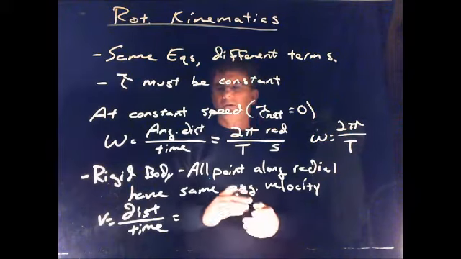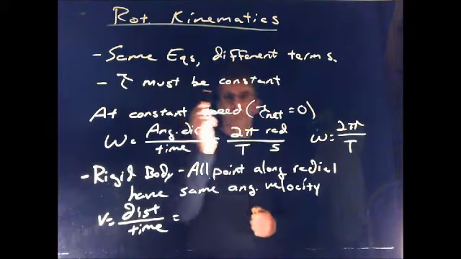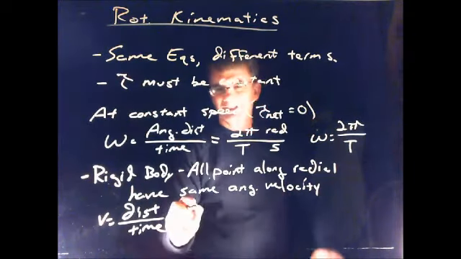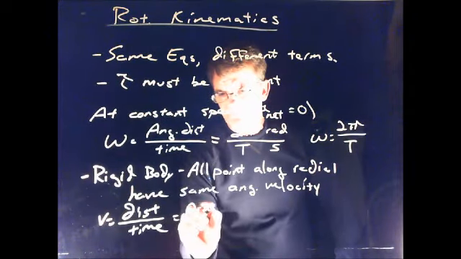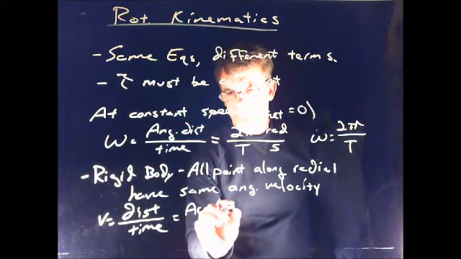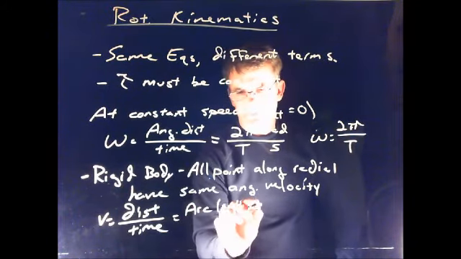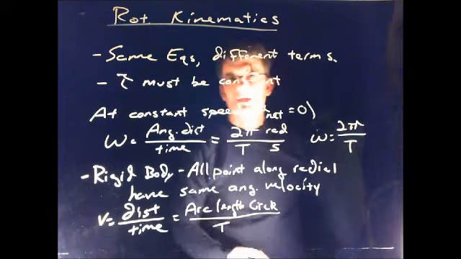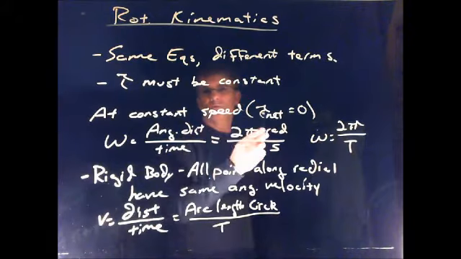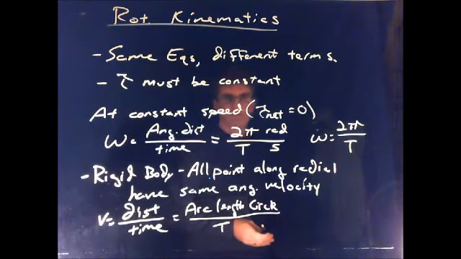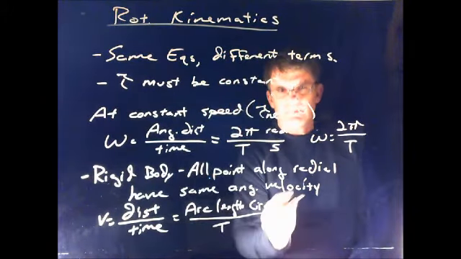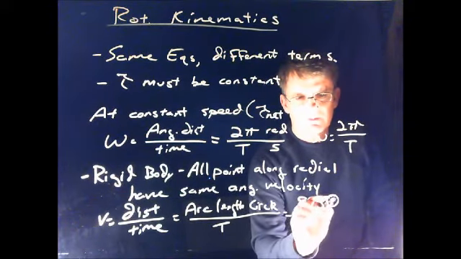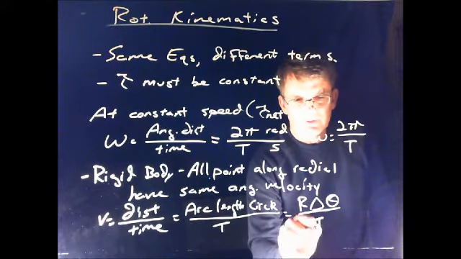And if we talk about going around in a circle, the distance we go is the arc length of a circle in some time period, t. So we make one full arc circle in a period. That would be r delta theta over period.